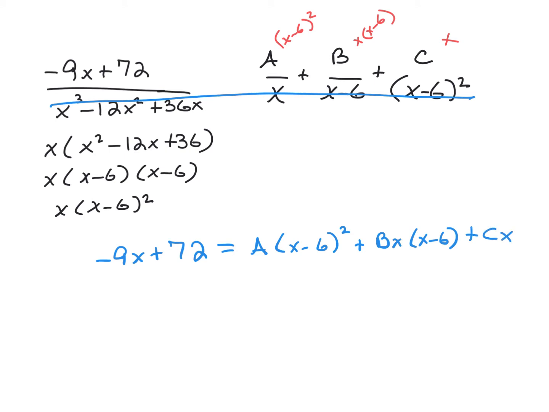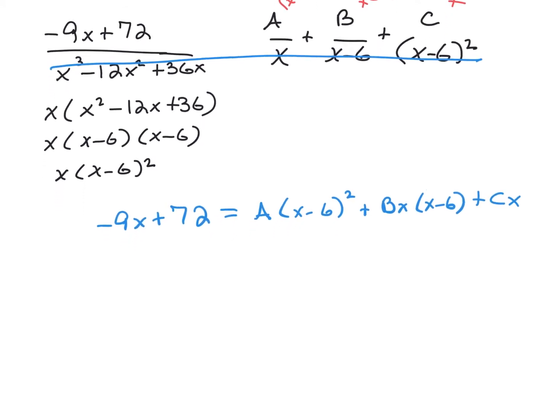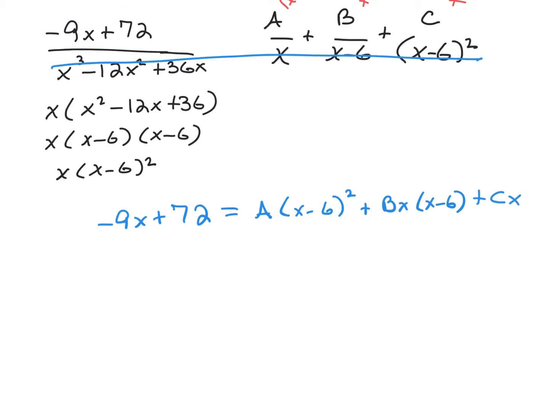Now, what I found with my A period, they found it easier if I distribute and then set the x squareds in one equation, the x's, and then just the constants. That's how I'm going to go ahead and solve this one.